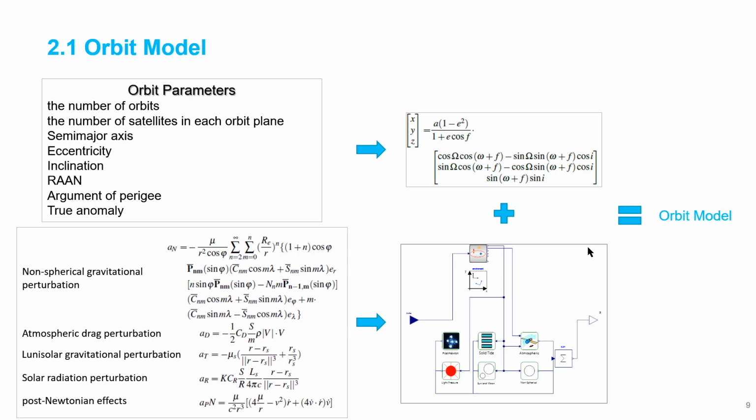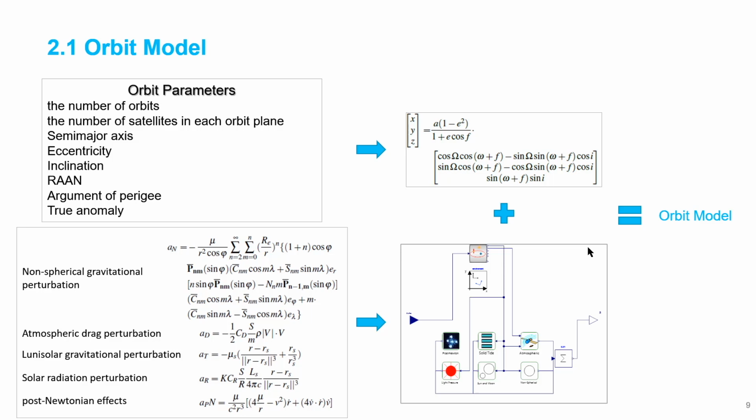The orbit model includes the ideal orbit and the orbit perturbation calculation. The ideal orbit calculation is to convert the constellation parameters into the coordinates of each satellite at each time through the upper right formula.